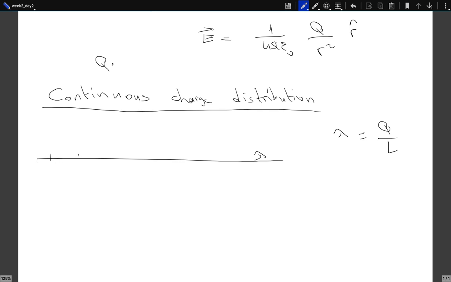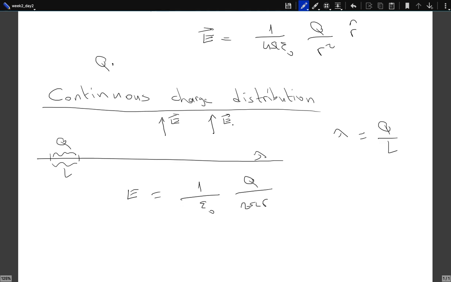If you take some length L, and that length has a charge Q, then lambda is just Q over L. And then we calculated and showed that the electric field magnitude was given by 1 over 4 pi epsilon 0, or 1 over epsilon 0, times lambda over 2 pi R. Again, if the charge is positive, the electric field is pointing away from the wire.